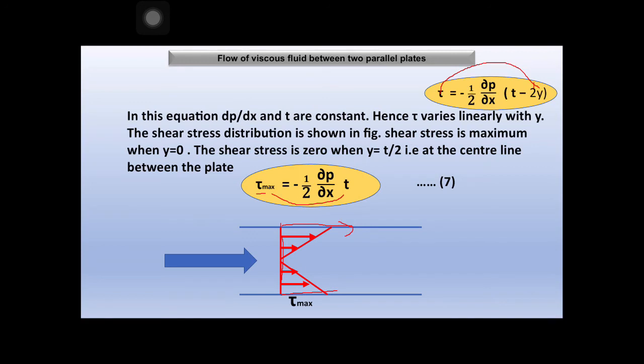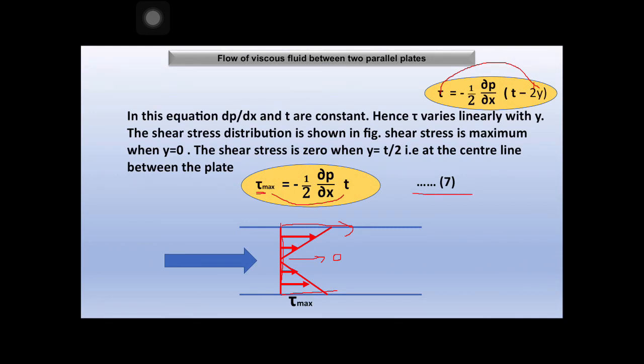The shear stress is 0 at the center, since there is no viscous force available at the center. Hence tau max at the boundary will be equal to minus 1 by 2 delta p by delta x into t. So this is the final equation for the shear stress distribution while viscous fluid is flowing between two parallel plates.